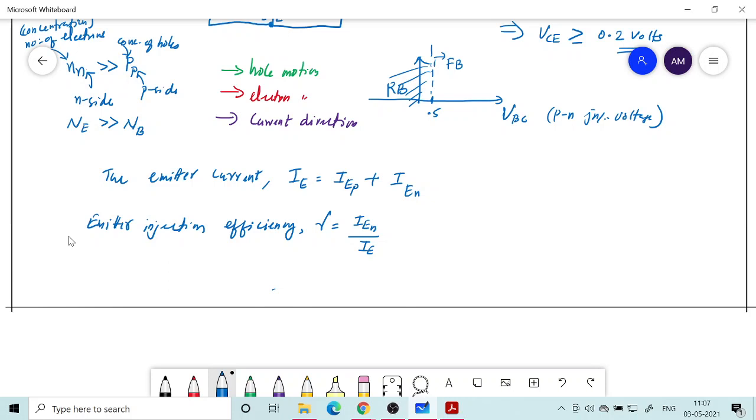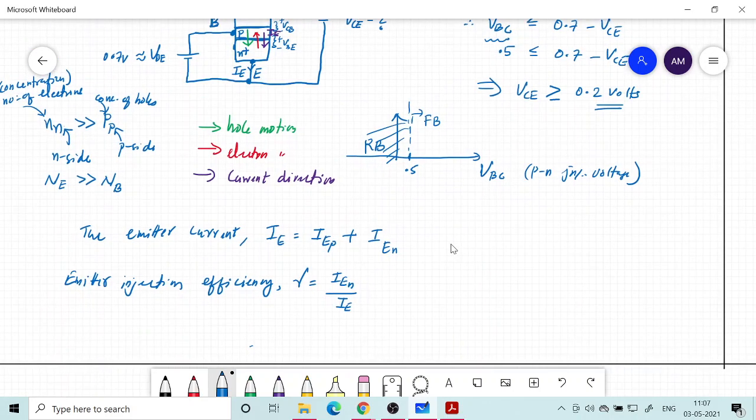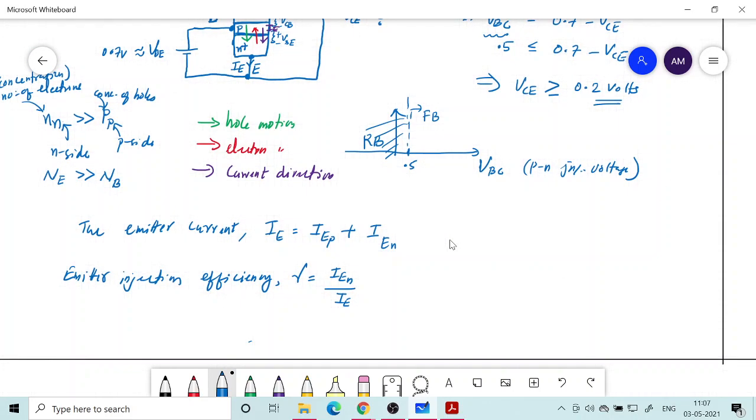So IE, the emitter current, has two components, one due to holes and one due to the motion of electrons. But electrons are like 100 times larger than the holes.